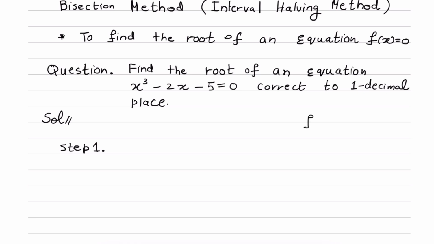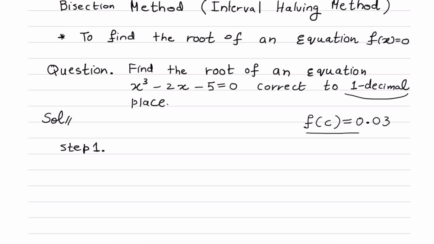We are going to look for some number c such that when we plug it in the function, it gives us, since we have to find a root correct to one decimal place, f of c should be equal to 0.10. Correct to one decimal place means 10 after the decimal, and the second digit could be anything.